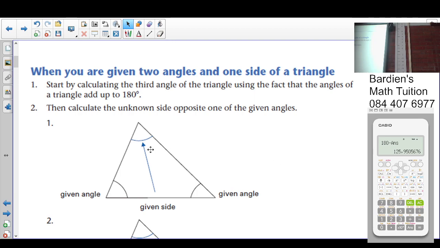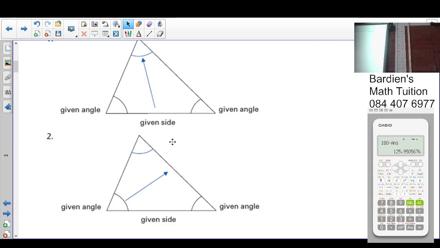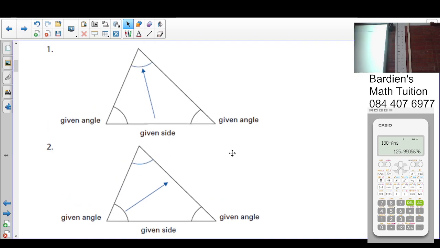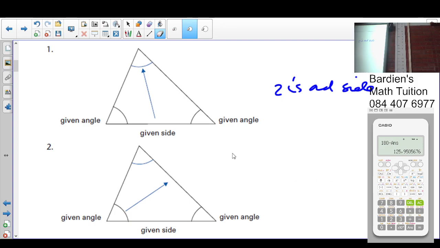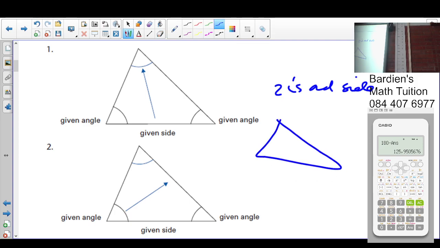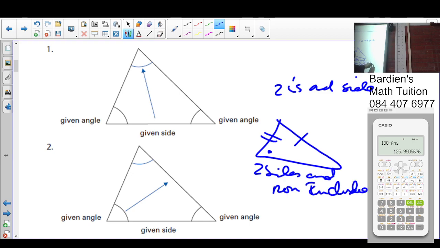Then you calculate the unknown side opposite one of the given angles. Okay, so when do we use what? The sine rule is used if you are given two angles and a side, or you are given a triangle with two sides and a non-included angle.